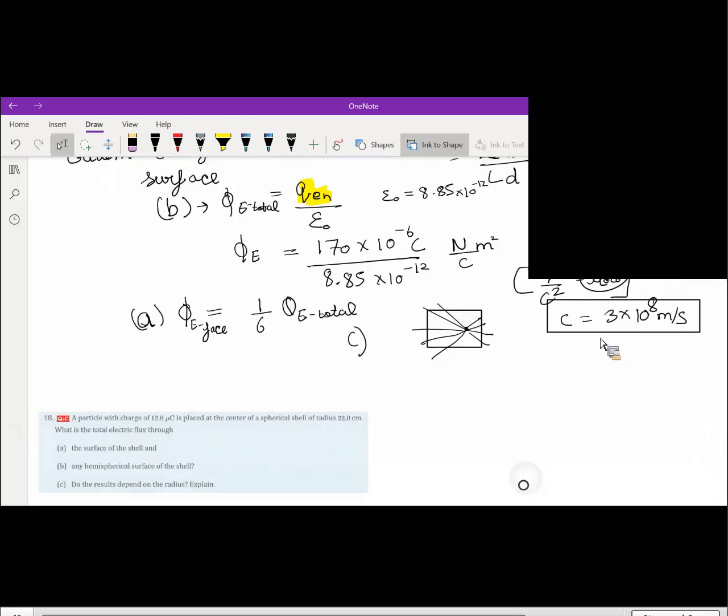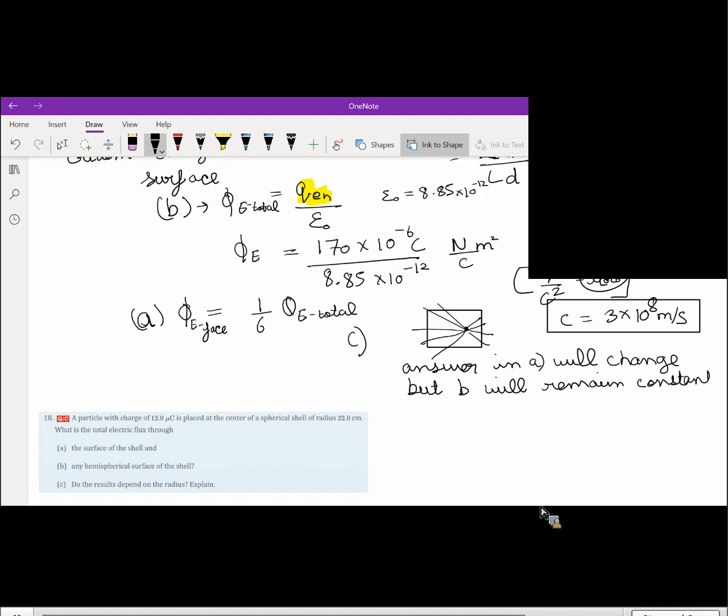In C, the answer in A will change, but B will remain constant due to Gauss law.